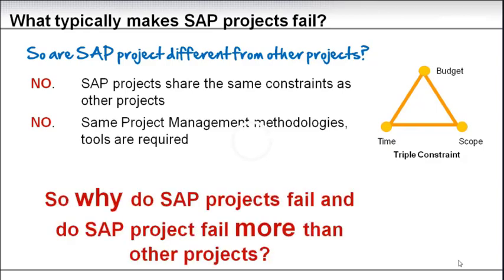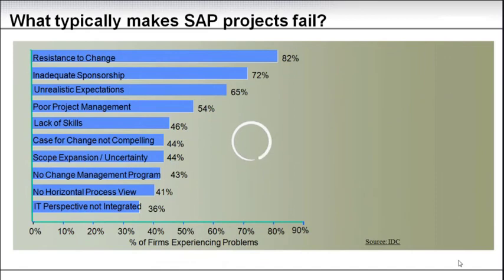So the question here is, why do SAP projects tend to fail more than other projects? Well, I don't know if they fail more than other projects, but for sure there is a strong focus on it when an SAP project fails. Again, it comes back to the characteristics that these are normally quite large projects. We tried to compile what typically makes SAP projects fail, and the source here is IDC.